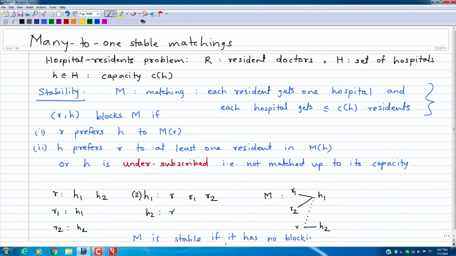That is, there is no pair which is a blocking pair for M. So how do we find this stable matching? Will the same Gale-Shapley algorithm work here?